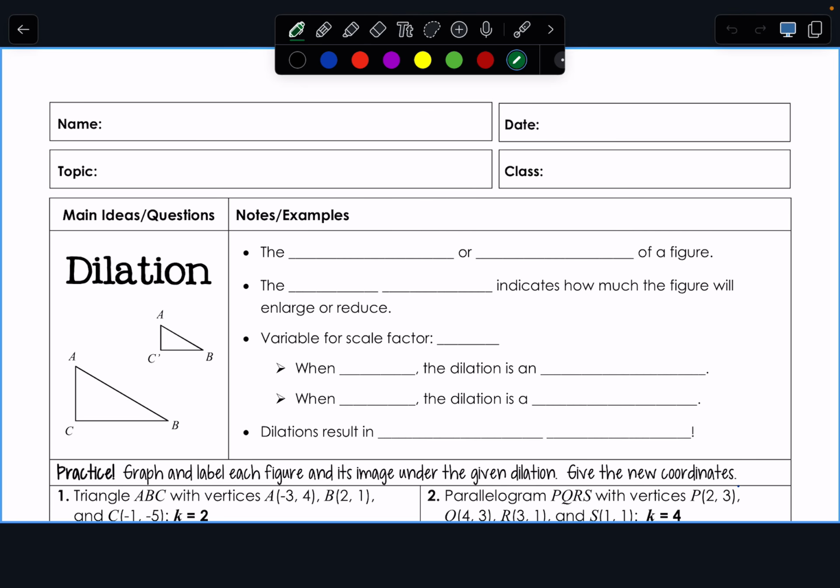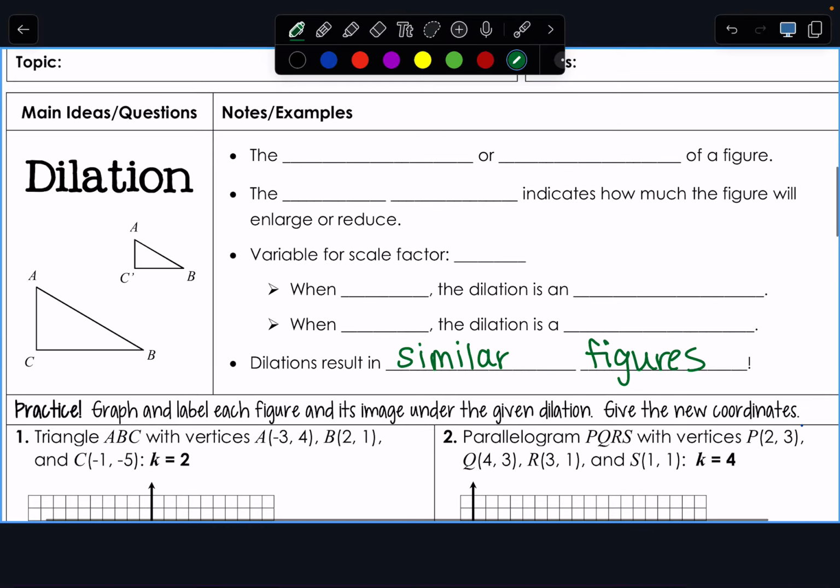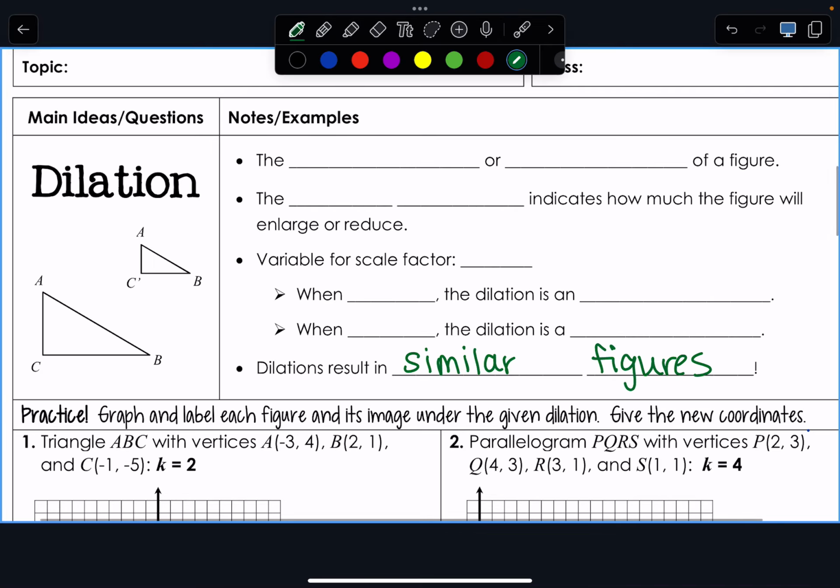Anytime we did those three, we would result in a congruent figure. But a dilation is the one thing we're going to do in the coordinate plane where we result in a similar figure. Write it down first: dilations will result in similar figures.